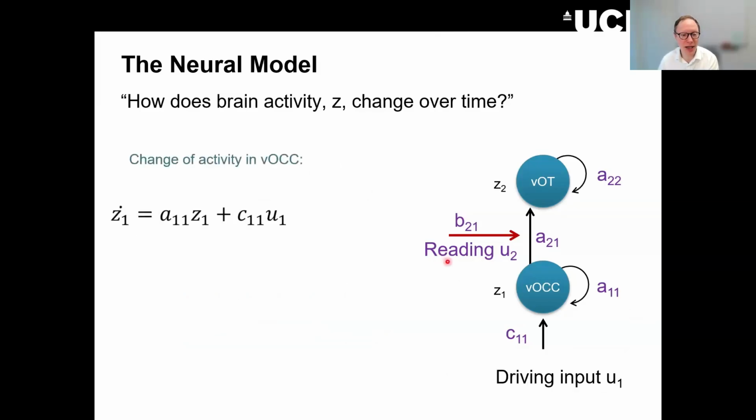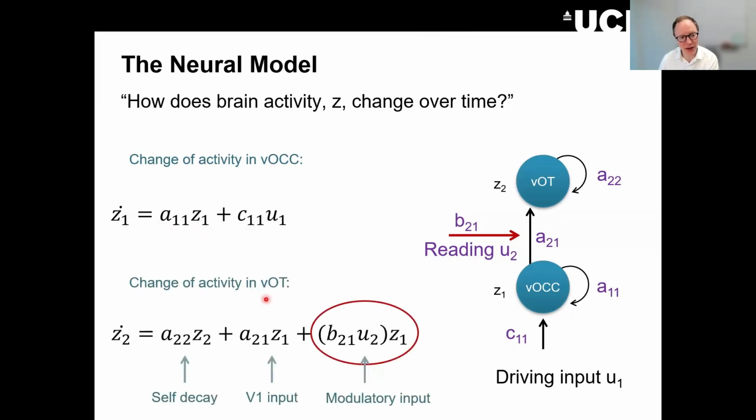How do we model that mathematically? Well, it's almost the same formulas as we had before, but just with a slight addition. The formula for occipital cortex is exactly the same as we had before. The rate of change is equal to the self-connection multiplied by the current level of activity plus the driving input. For VOT, the formula is the same as before, but now it has this extra term.